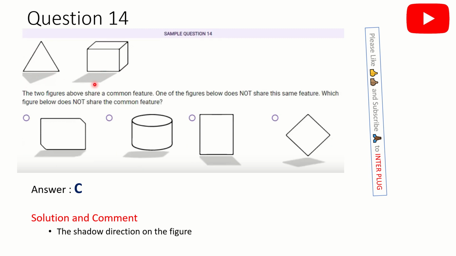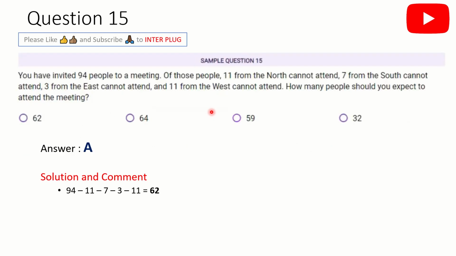They are pointing southwest, southwest, southwest, and this one is instead pointing southeast. This one is also pointing southwest. So this is the element that's out of the group. That's C.